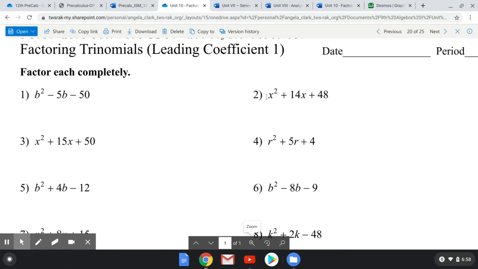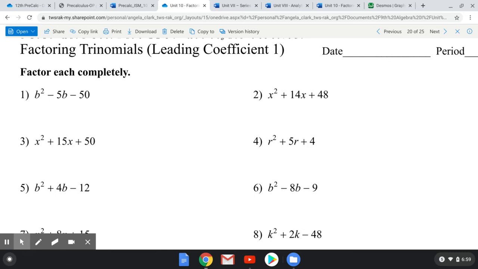So here it looks like we don't have a leading coefficient, right? It's just blank, but we know that when it's blank, that's an invisible one. So this is a leading coefficient of 1. So all of these have a leading coefficient of 1. And that makes what we're about to do, factoring, easier. So I'm starting you out with leading coefficient being 1.